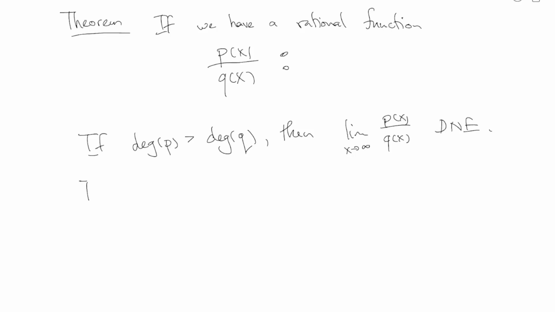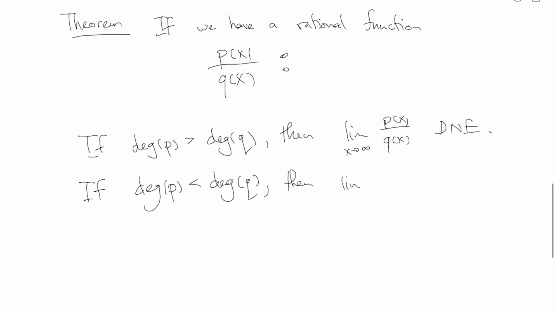If the degree on the bottom is bigger, the limit is 0. So if the degree of p is less than the degree of q, that means the degree on the bottom is bigger, then the limit as x goes to infinity equals 0.